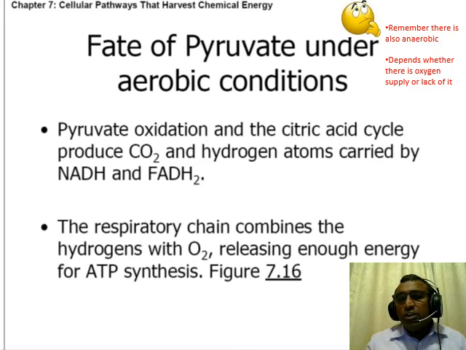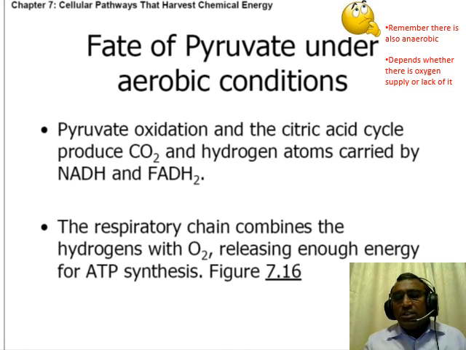Next, we look at what happens to the pyruvate once it has ample oxygen, or when there is also mitochondria present in that cell.